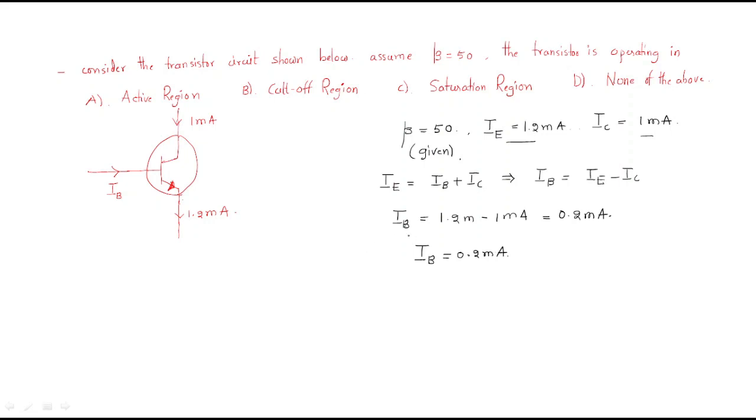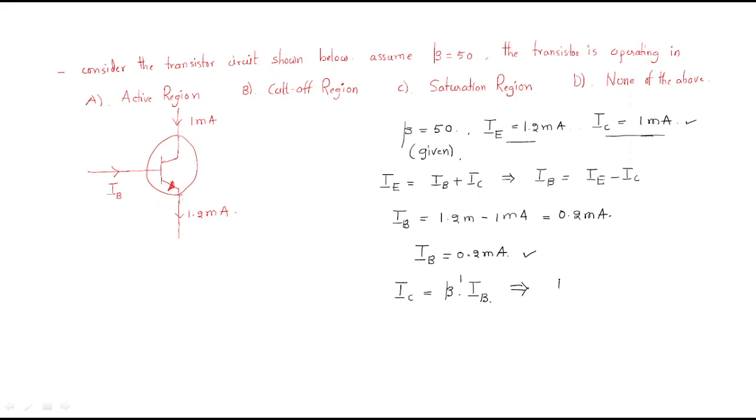Now we have the base current and the given collector current. So by using these two currents we will find out another beta. How? Generally collector current equal to beta into IB. Just to verify is it correct or not. So this is another beta, that's why you take it beta dash. We have to find out this beta dash.